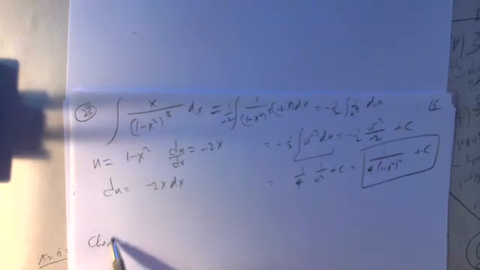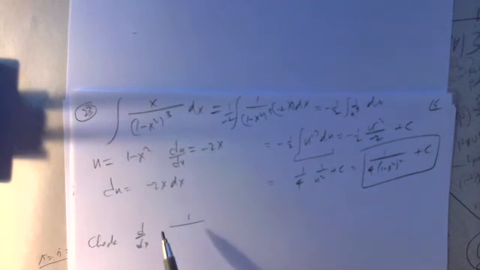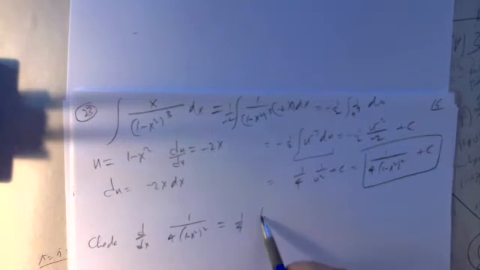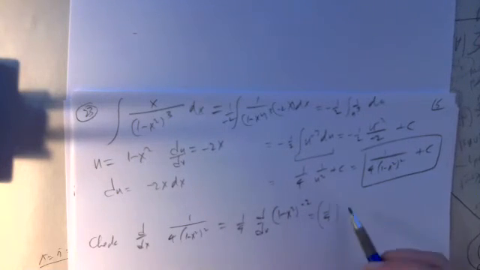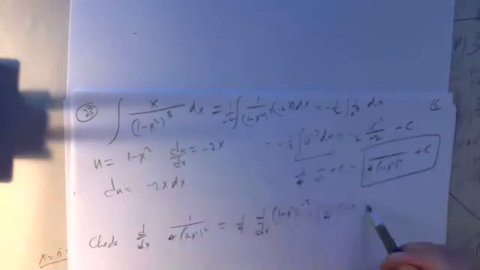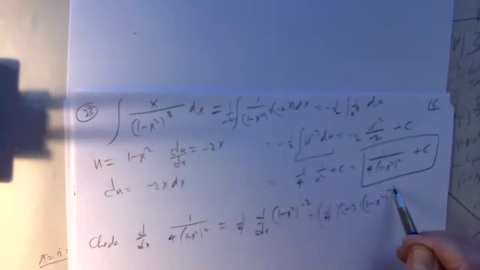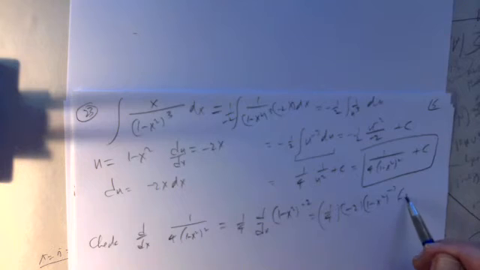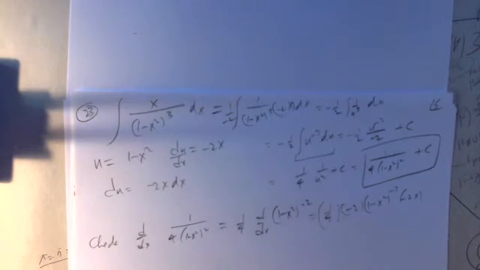So let's check. The derivative with respect to x of 1 over 4 times 1 minus x squared squared. This is 1/4 the derivative of 1 minus x squared to the minus 2. When you differentiate this, you get minus 2, 1 minus x squared to the minus 3 times the derivative of 1 minus x squared, which is minus 2x.